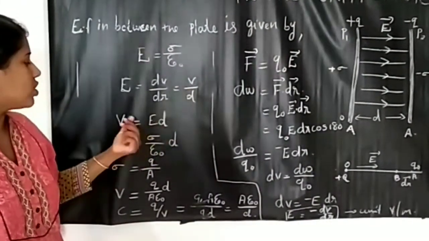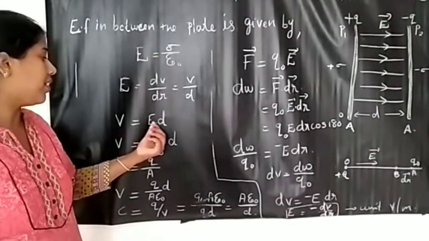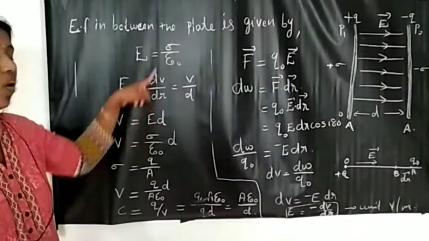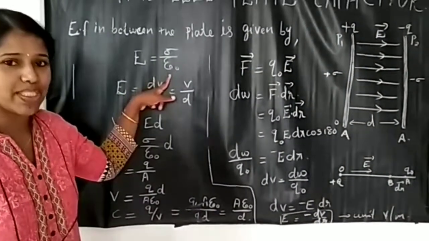From this equation we can write V equal to E into D, electric field into distance. E we have already written as sigma divided by epsilon naught.